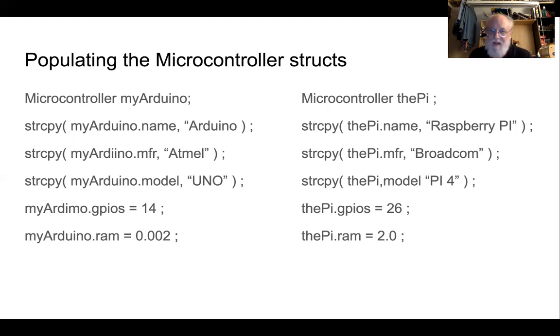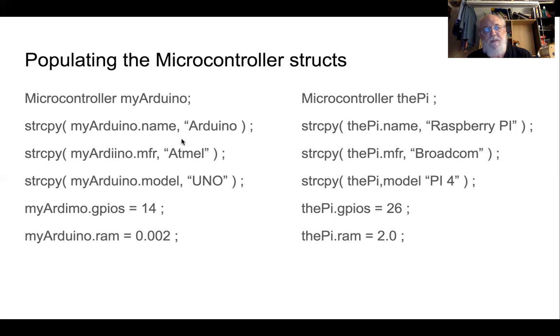I could have named it Fred, but that's kind of a dumb name. Microcontroller the Pi is another example. I called it the Pi because I could have called it my Pi or my favorite microcontroller or X, although it helps if you have meaningful names. What's important is I said to the C compiler that it's a microcontroller struct. So now the C compiler knows, okay, it has all these members that I can manipulate.